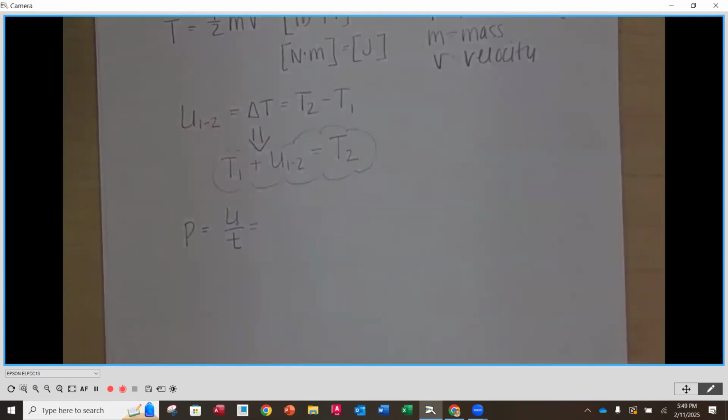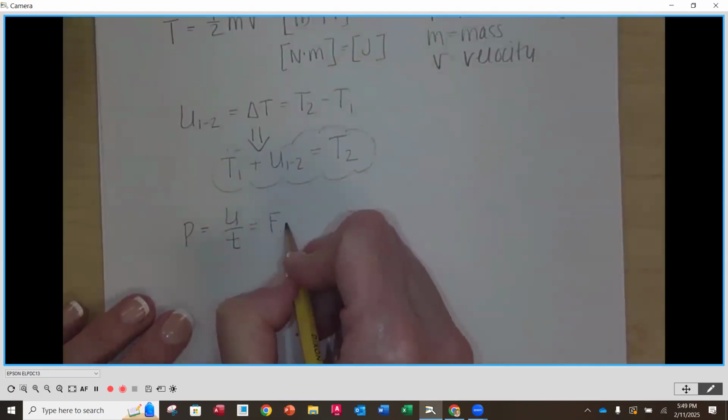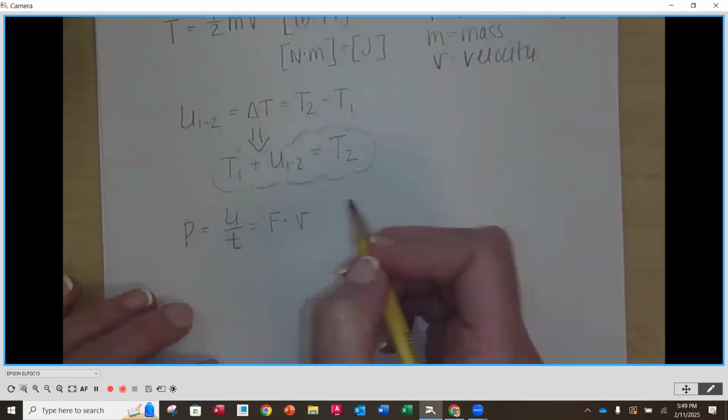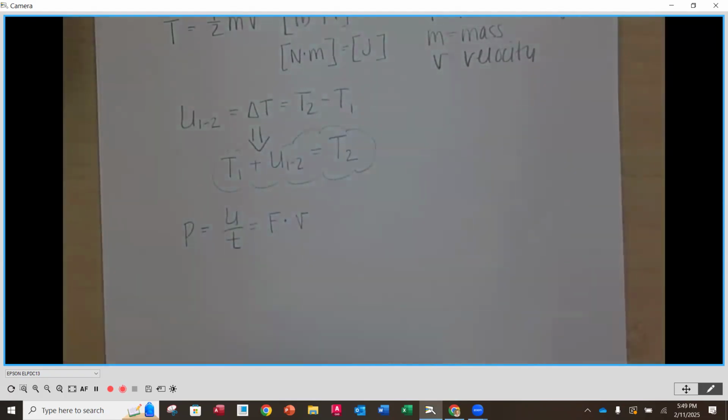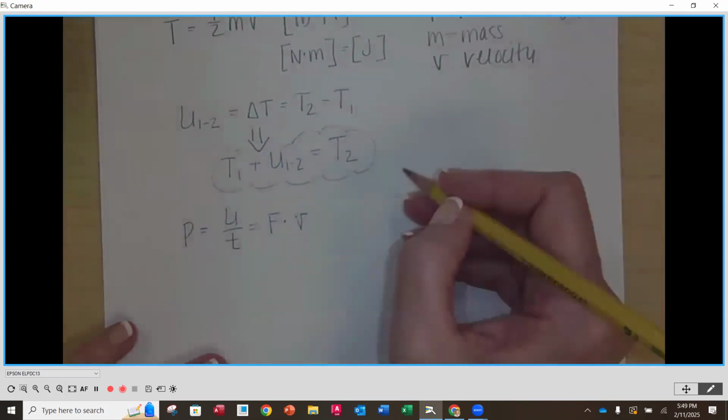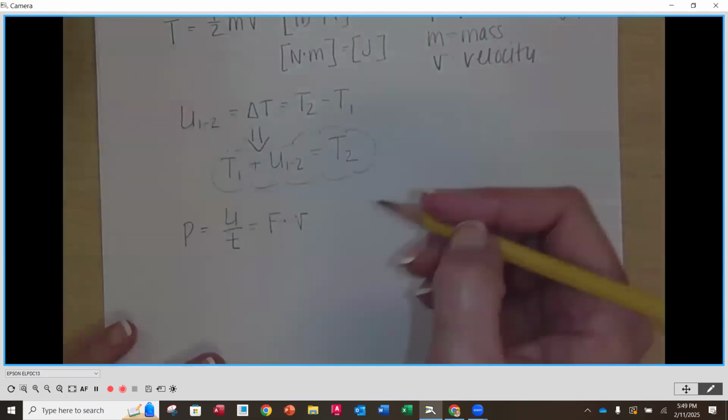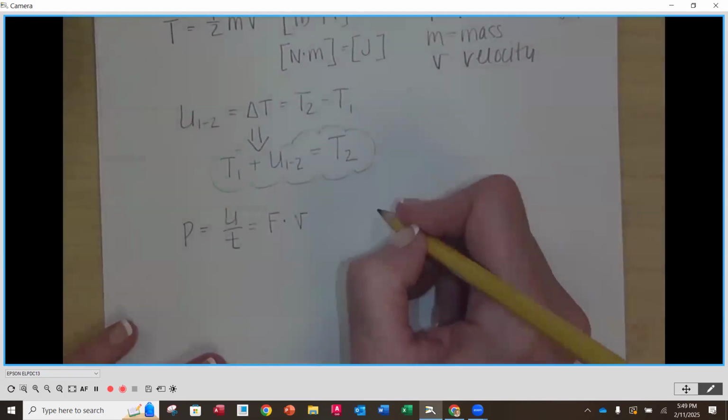You've used more power if you ran up the stairs as opposed to just walking up the stairs. That's a difference in power. We can also find it using force times velocity. Both of them are going to give us the same value. Now, there is going to be a conversion that's going to come in handy.